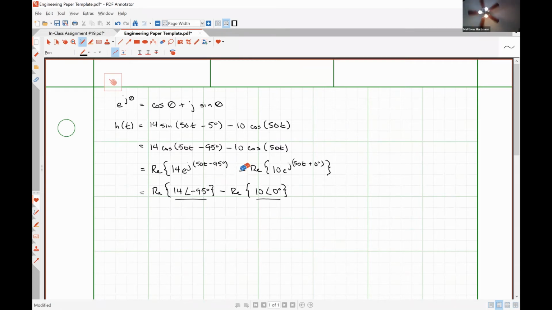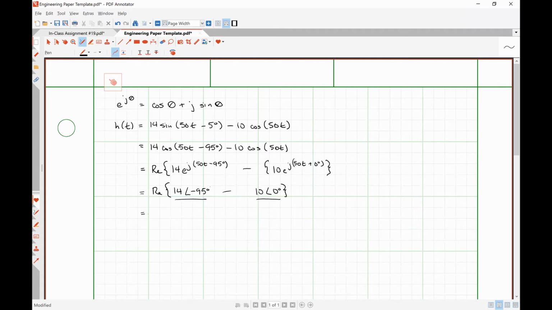Actually, I think the issue is my notation here. Anybody get an answer for me yet? I think I did, I'm not completely sure.